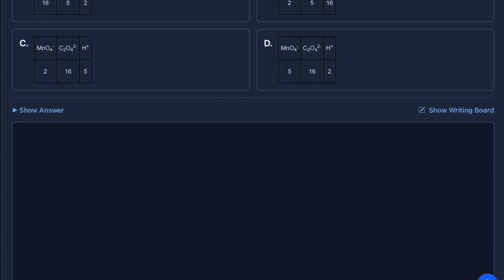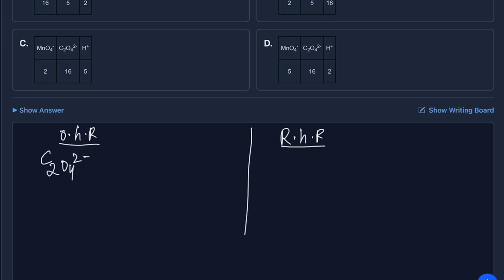So I am doing the oxidation half reaction and the reduction half reaction. In the oxidation reaction, C2O4 2 minus goes to CO2, and in the reduction reaction, MnO4 minus goes to Mn 2 plus.